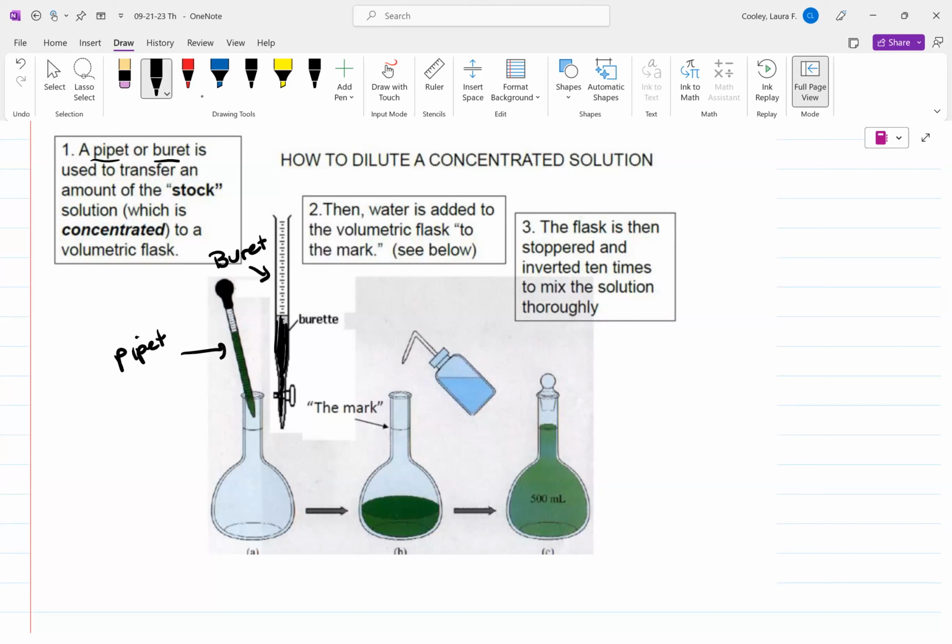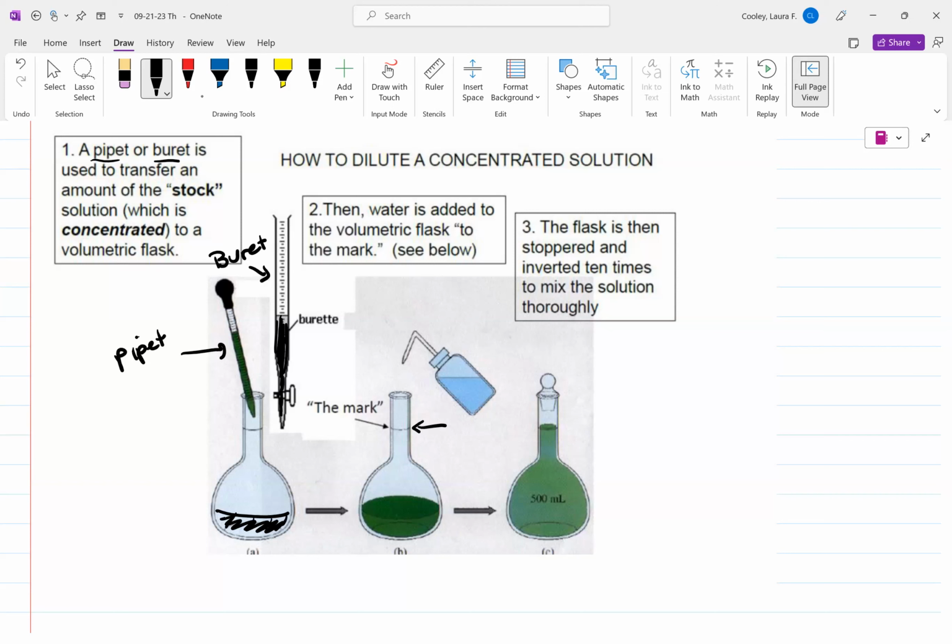The green solution here represents the stock solution that you've put in there. Then you add water up to the mark of the volumetric flask for the volume you want to make. You can see this color is lighter than the dark color here because it's more diluted, less concentrated. So if it's colored, it will be less dark.